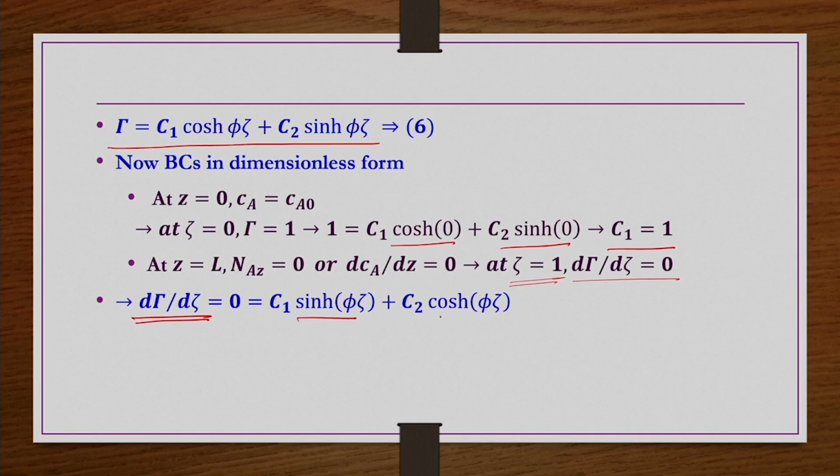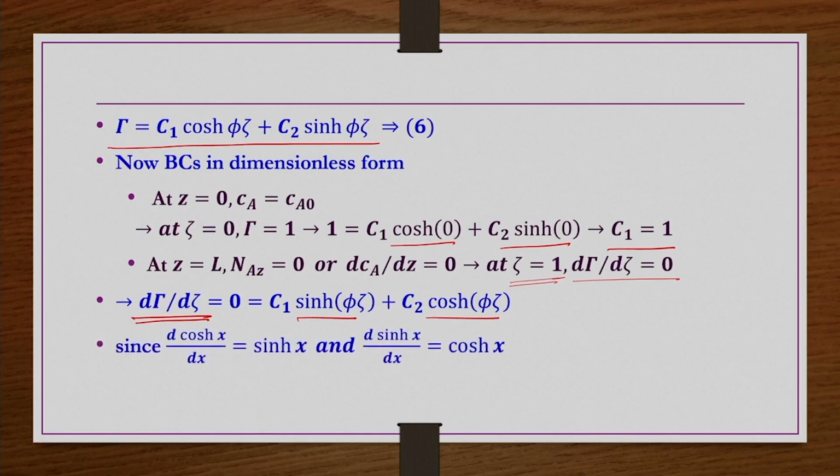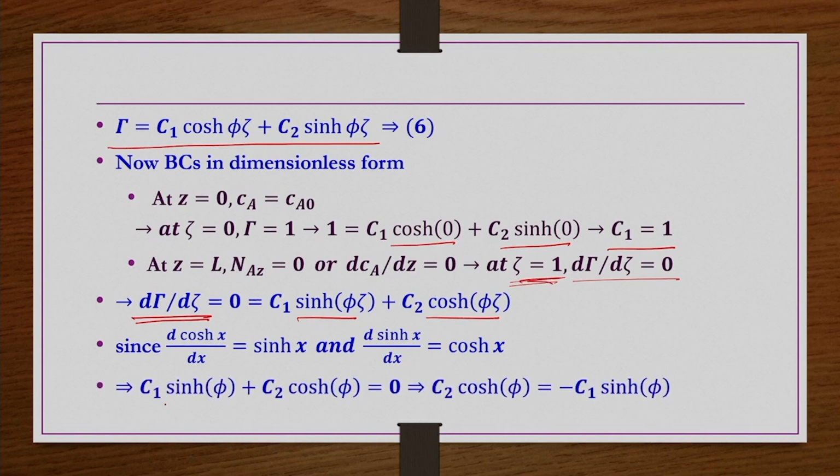Similarly, d by dx of sin hyperbolic x is cos hyperbolic x. So, C1 sin hyperbolic of phi zeta plus C2 cos hyperbolic of phi zeta. Now, you have to substitute zeta is equals to 1 here. So, that is C1 sin hyperbolic of phi plus C2 cos hyperbolic of phi is equals to 0. That means C2 cos hyperbolic of phi is equals to minus C1 sin hyperbolic of phi. The C1 is 1, so C2 is nothing but minus tan hyperbolic of phi.